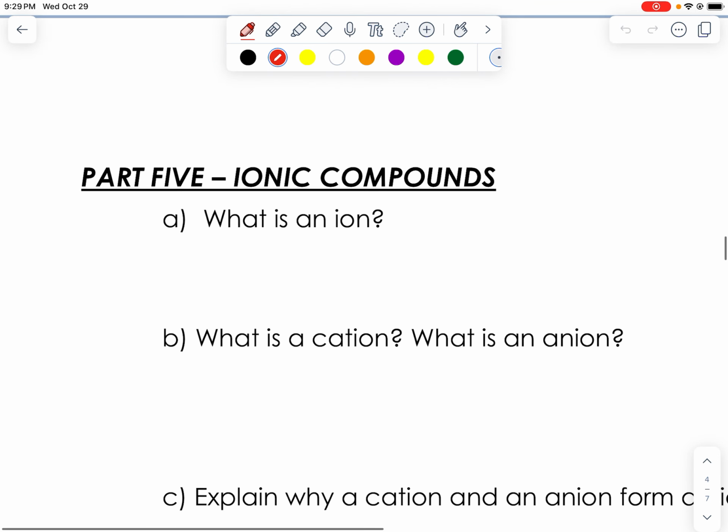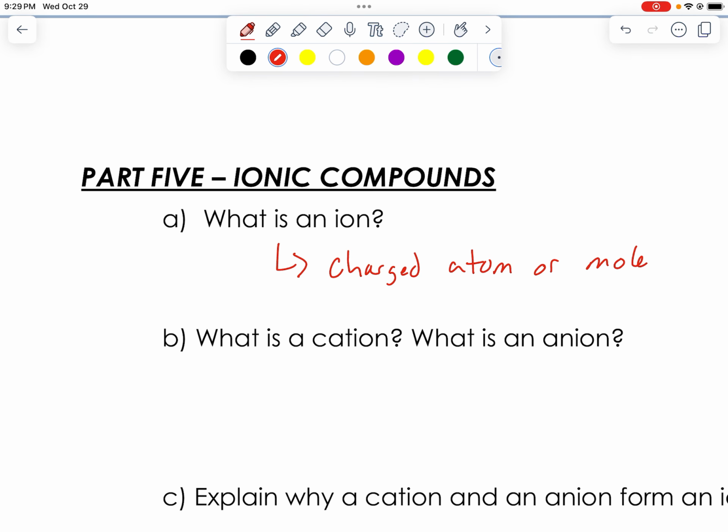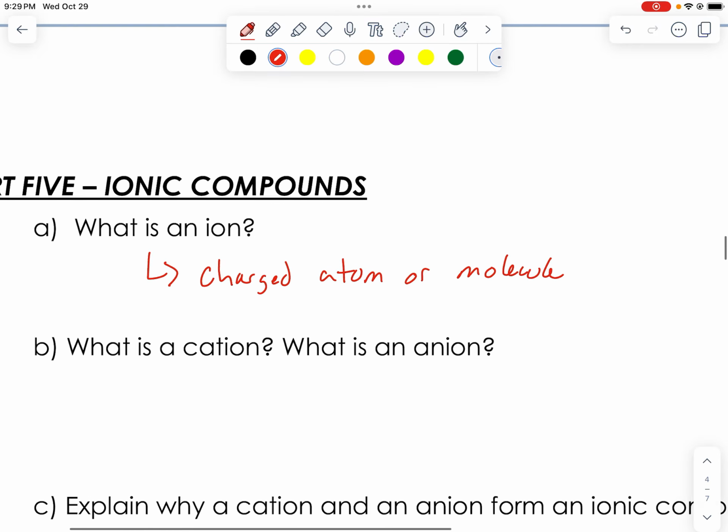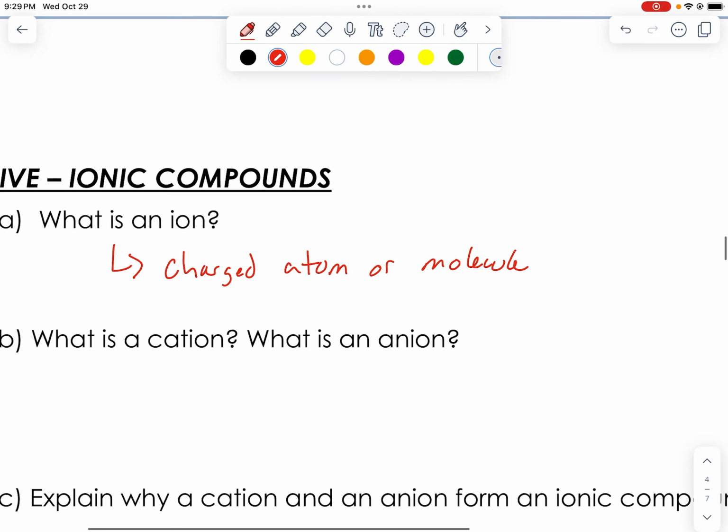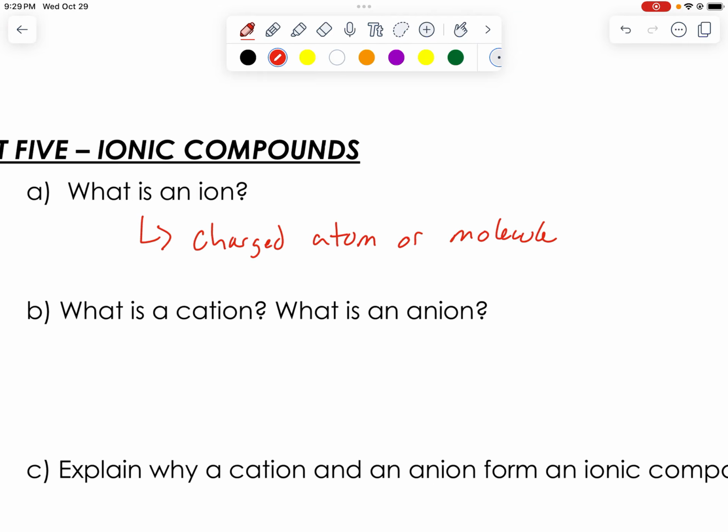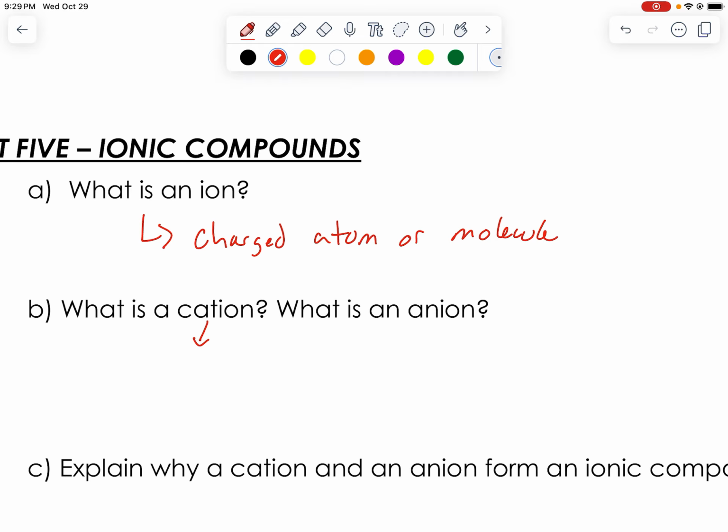Starting with, what is an ion? So an ion is a charged atom or molecule. A cation takes us a little bit further.